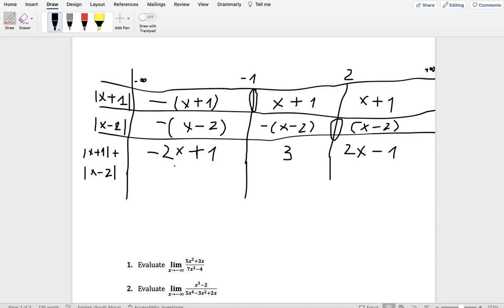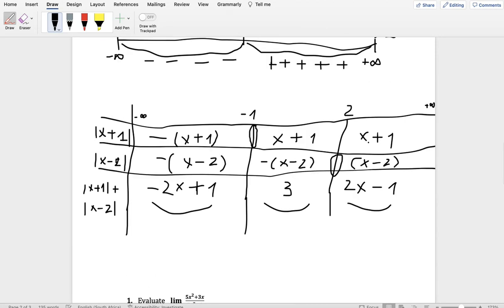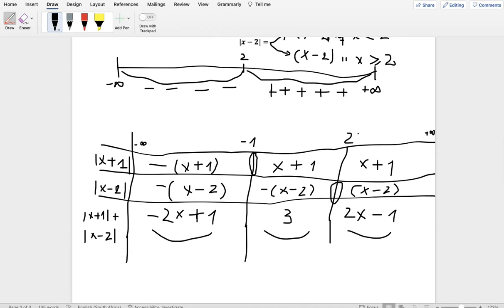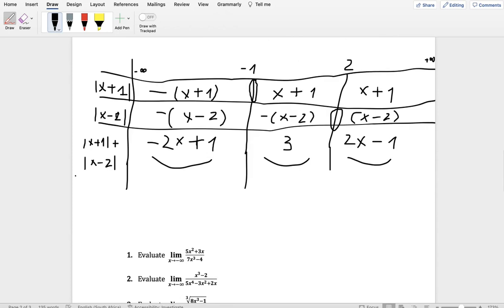So now we have the piecewise values of the function f of x for all three of these intervals. That's why I like to do it this way, because it's sort of clean. You can see what's going on. So this here is our f of x.